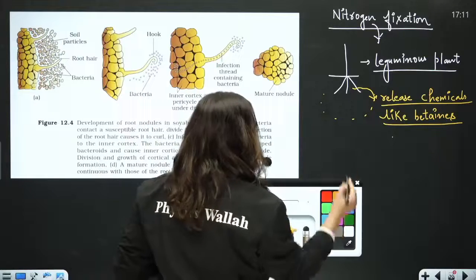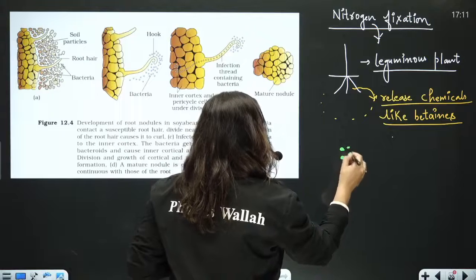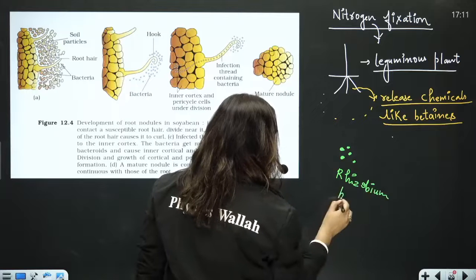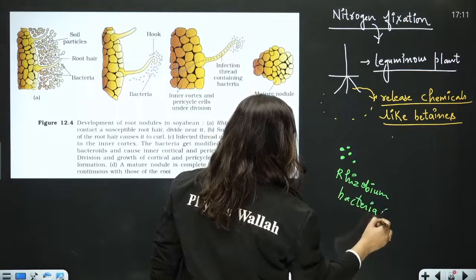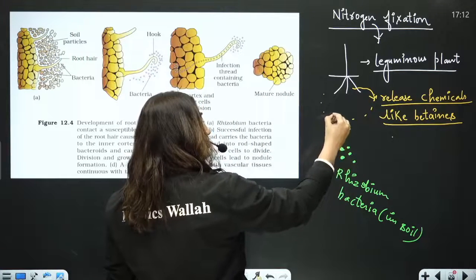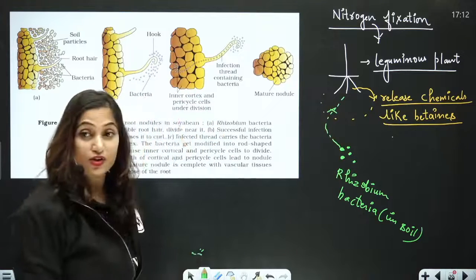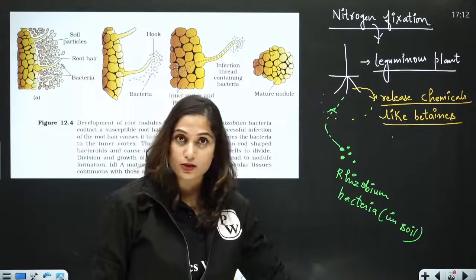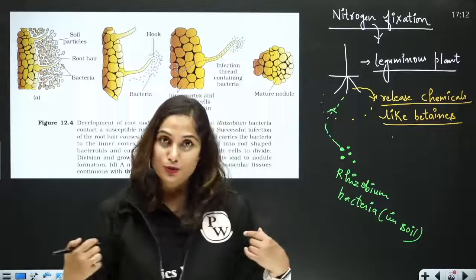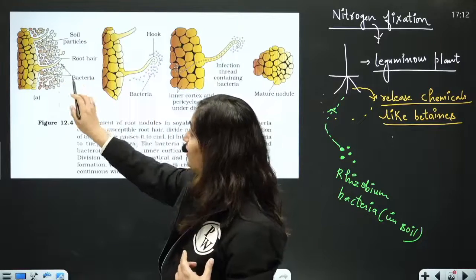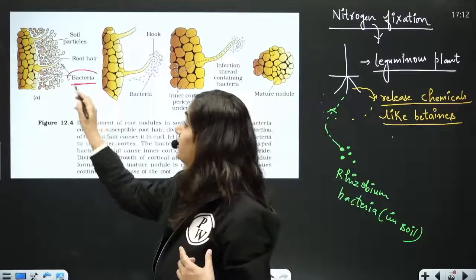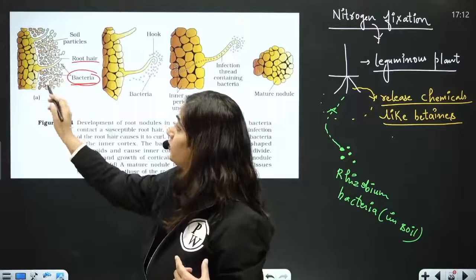So the Rhizobium bacteria which is present in the soil is attracted towards the root, right? So first step is the plant releases chemicals into the soil, and because of those chemicals, the Rhizobium gets attracted towards the root of the plant. So you can see in the diagram given in NCERT that the bacteria is getting attracted to the root hair and it gets accumulated here.